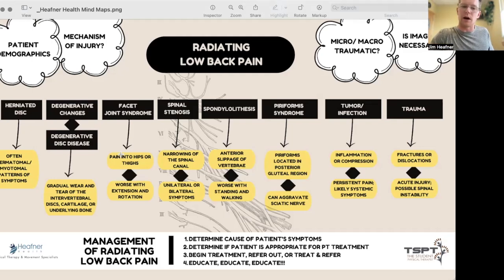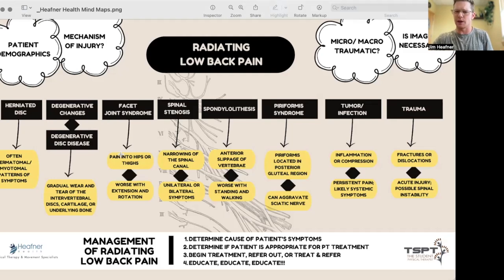Spondylolisthesis. Okay, so real quick on spinal stenosis too. If it's foraminal stenosis, meaning it's the stenosis laterally, we're going to have more unilateral symptoms with dermatomes and myotomes. If it's central canal stenosis, we'll likely see bilateral symptoms.